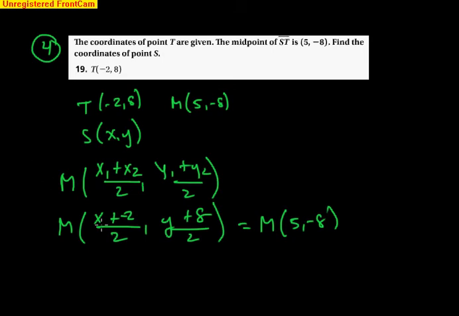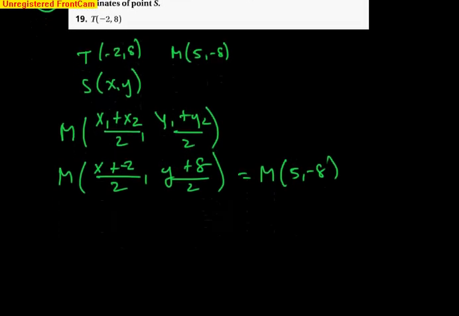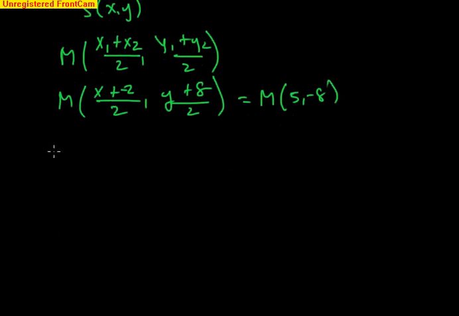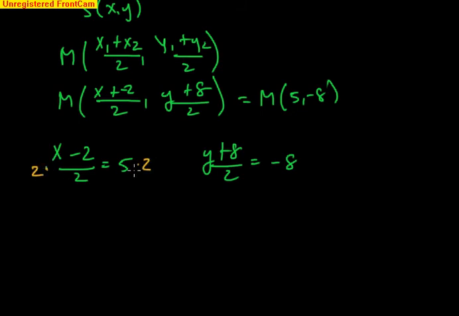So what we can do is we can take the two equations, or the two midpoint representations, and set the x-coordinate equal to the x-coordinate, the y equal to the y. So x minus 2 over 2 equals 5, the x-coordinate, and y plus 8 over 2 equals the y-coordinate of negative 8. To solve, we're going to multiply by 2.